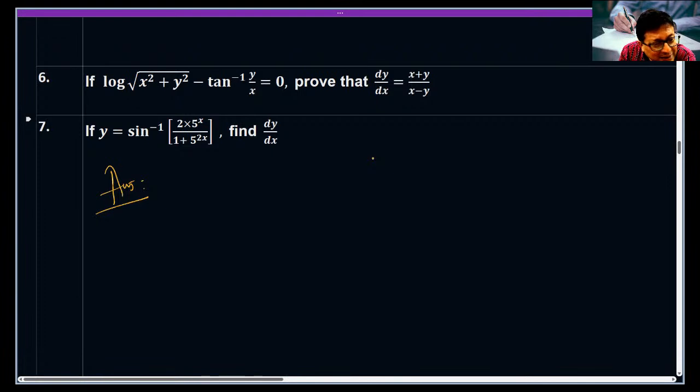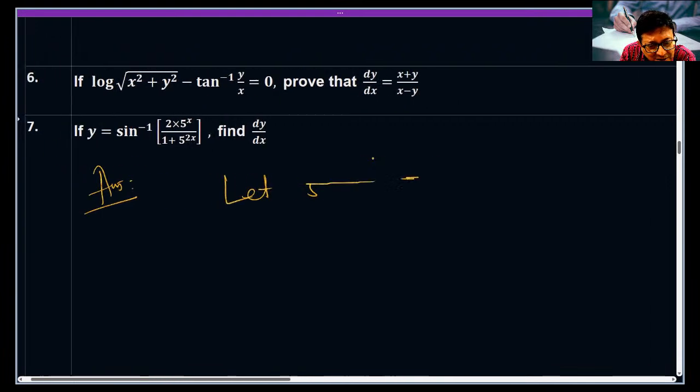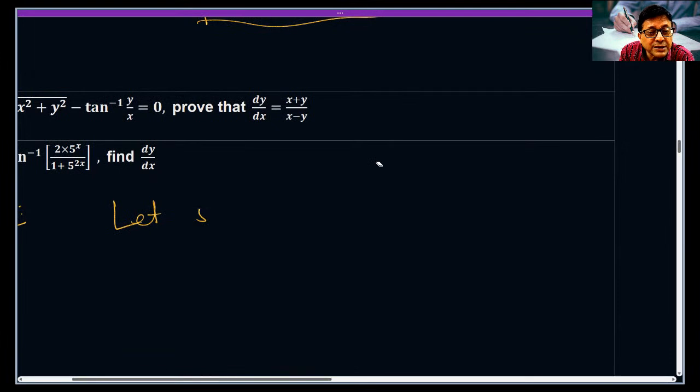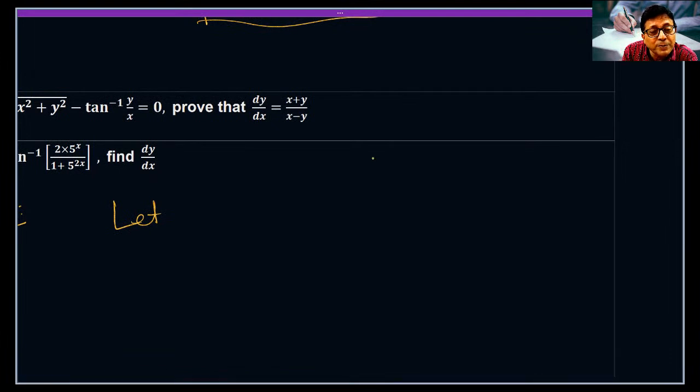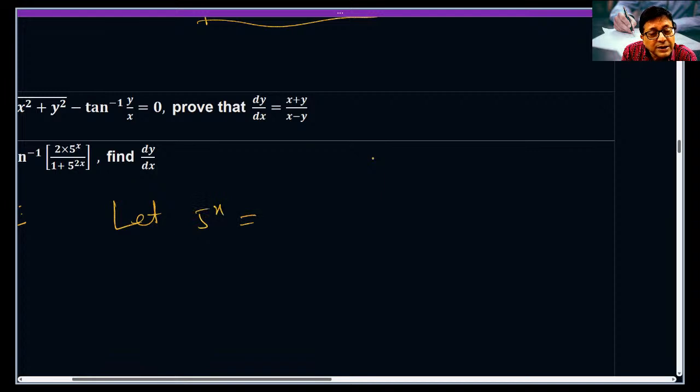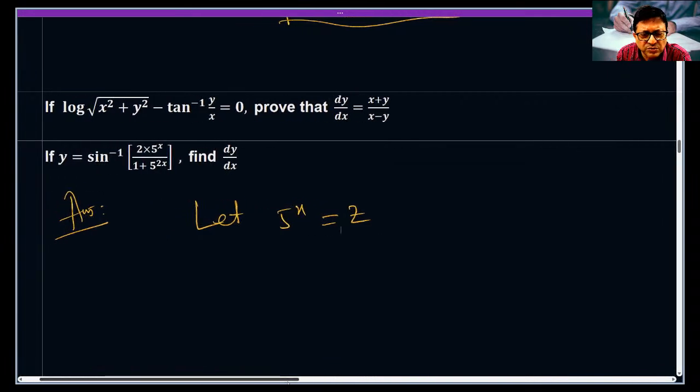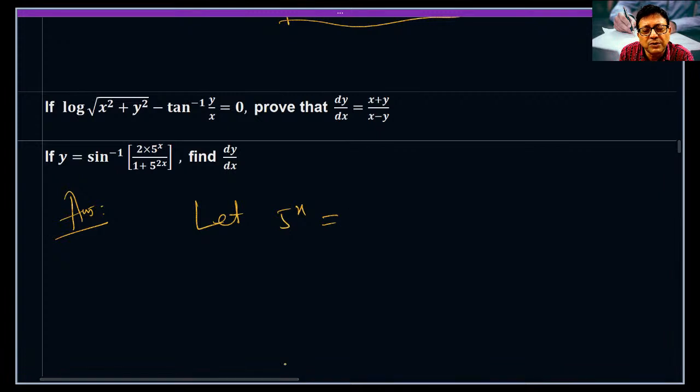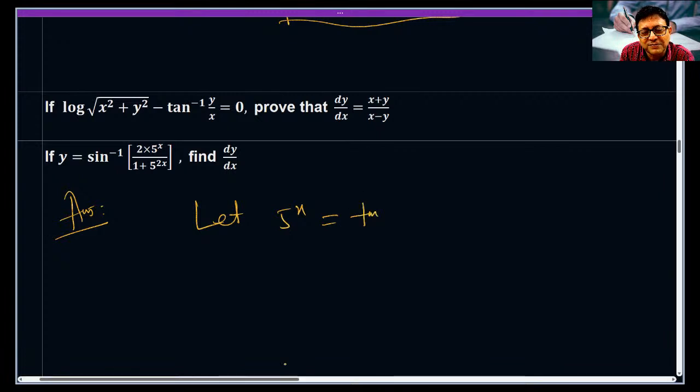So let me make a substitution. Let, how to answer it in board paper, obviously in school paper also I am telling first. Let 5 to the power x equal to z. 5 to the power x, no z. 5 to the power x direct tan theta. So RHS is going to be what? You can do one thing. y equal to this is given, find dy by dx.